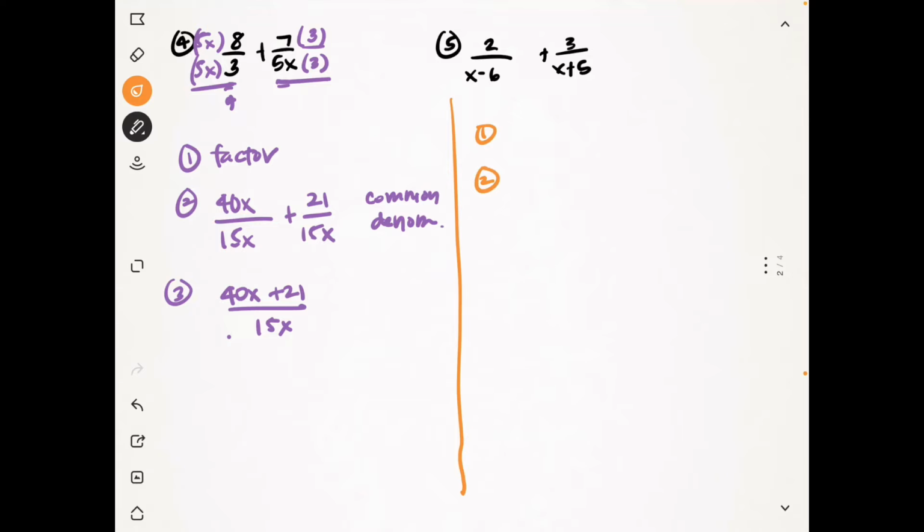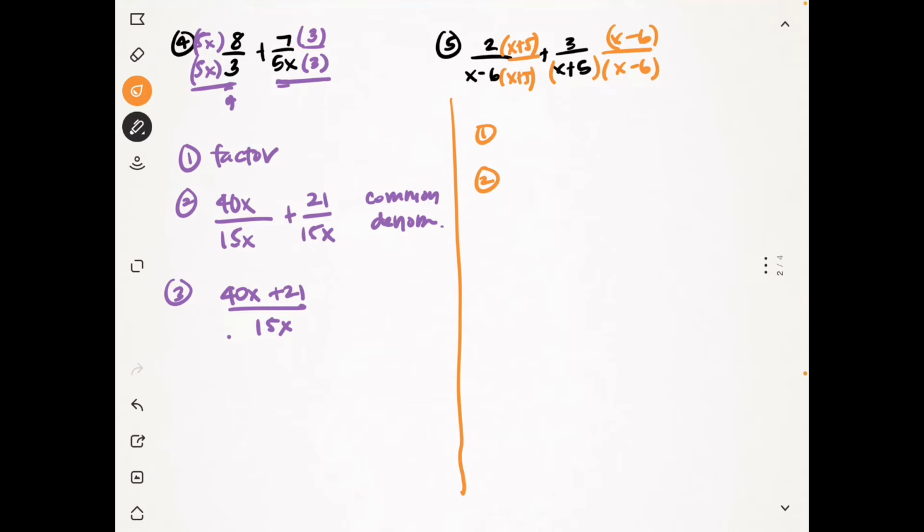Step 2, so we want this denominator, x plus 5, to multiply by x minus 6. What we do in the bottom, we do on the top. And then the same thing here, we want this to have x plus 5.